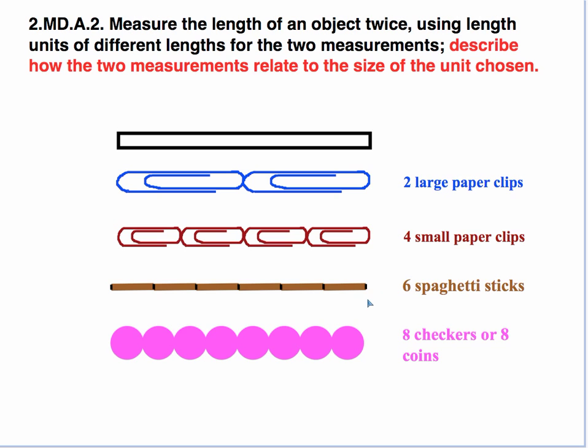In turn, we take an even smaller unit, let's say these spaghetti sticks, and we needed 6 of those. We need more of them because the size of the unit was smaller. Then take it one more step: using these coins or checkers, we needed 8 of those, because again, we had a smaller unit and we need more of them to measure the same length.